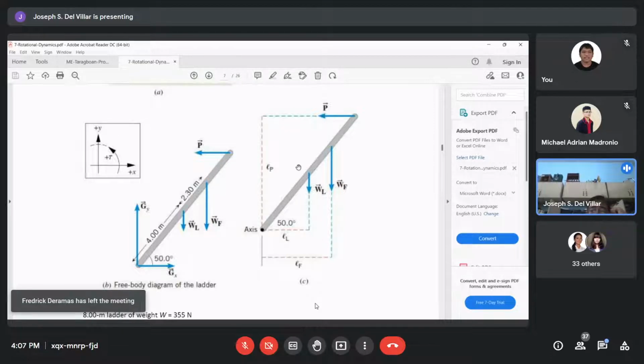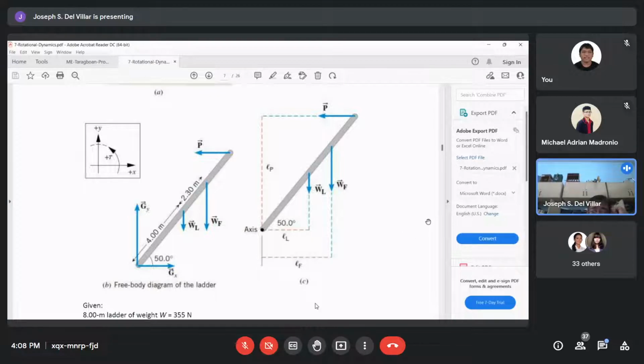So P times L sub P, itong WL and WF both cause clockwise torque, diba? So pares sila negative. So kung bubuuin na natin, ang torque equation is P times L sub P minus WL times L sub L minus WF times L sub F equal to 0.